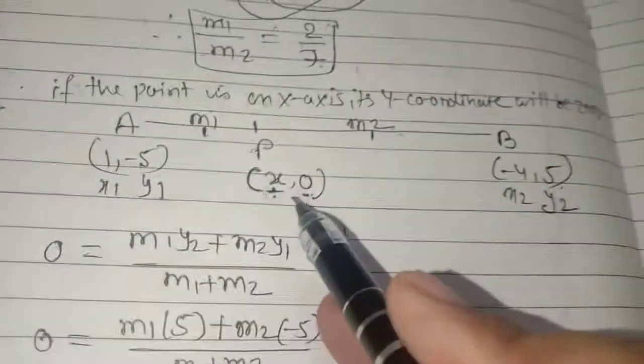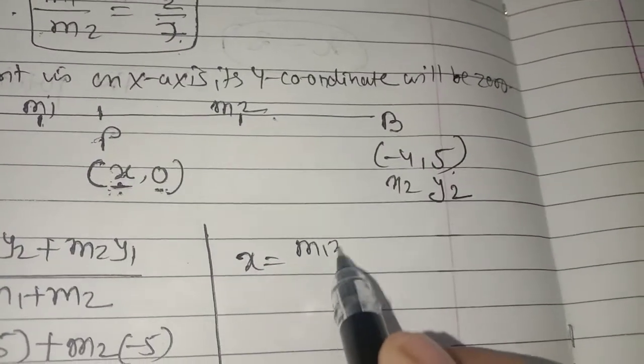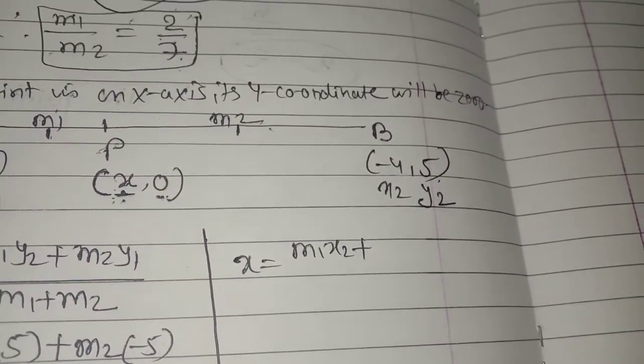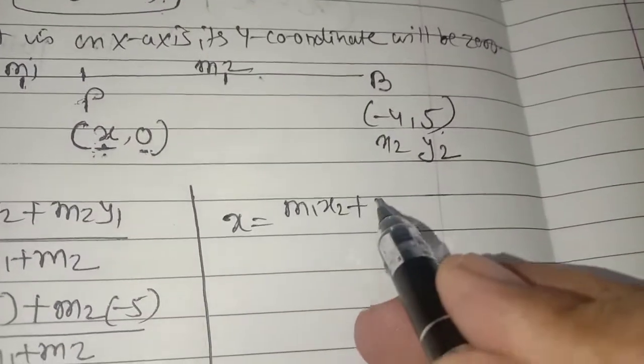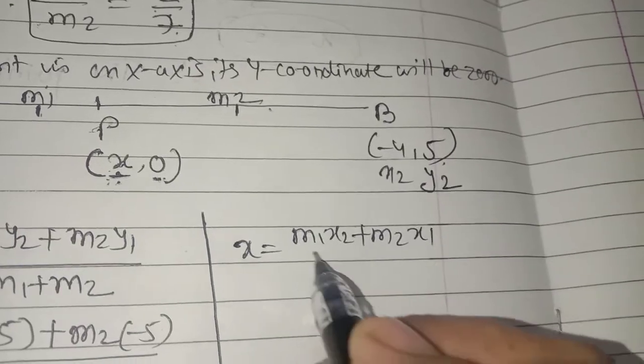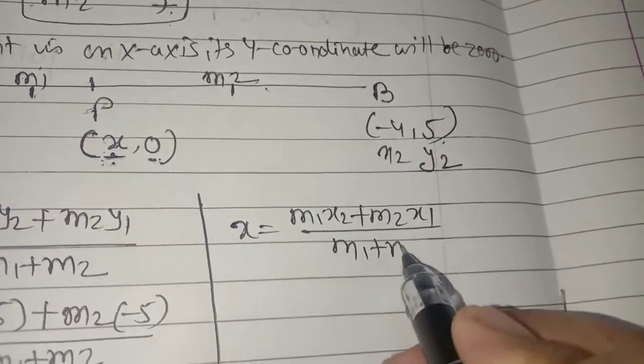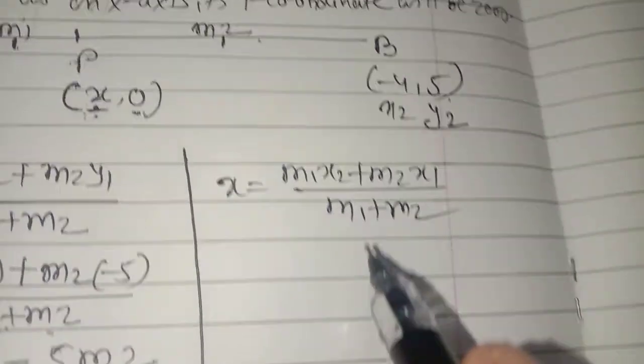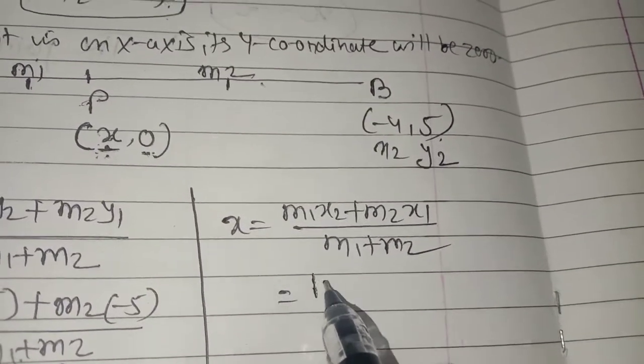Okay, so now we have to find x. So simply for finding x, let's write down the formula now. X is equal to M1 x2 plus M2 x1 upon M1 plus M2. Okay, now what is the value of M1? 1.